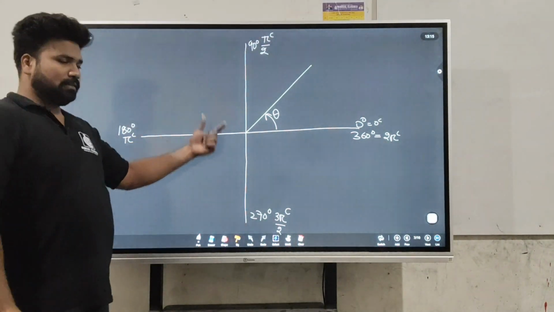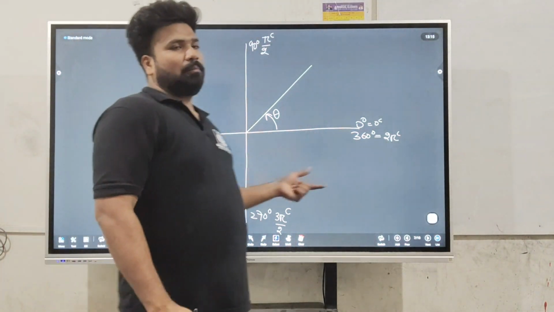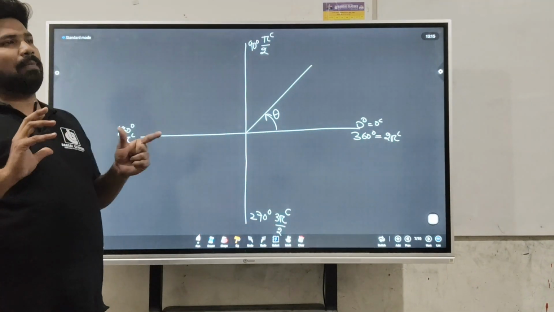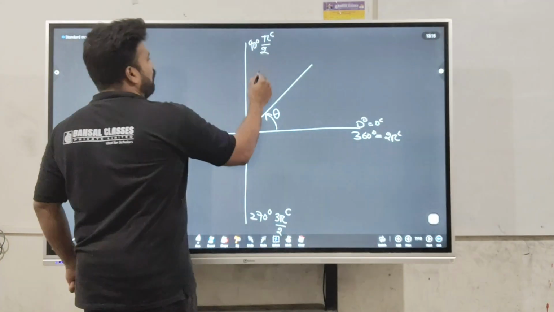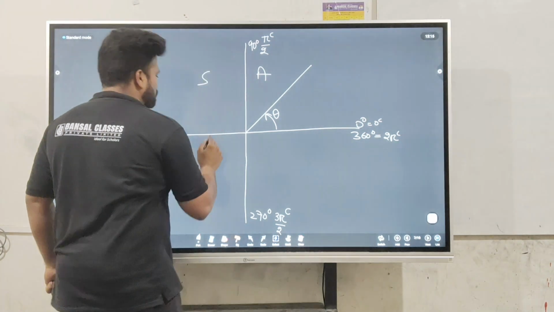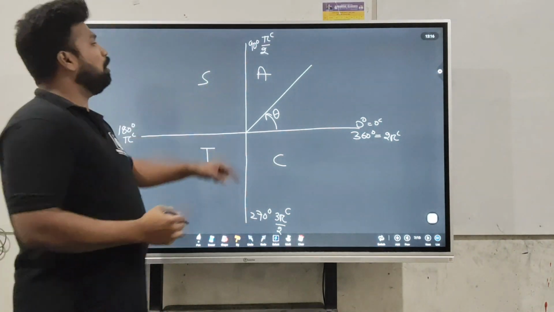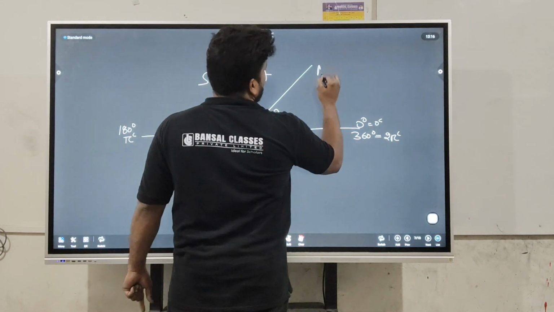In this, the trigonometric ratios which are positive can be memorized as "All Students To Class". What is All Students To Class? All means all trigonometric ratios are positive.